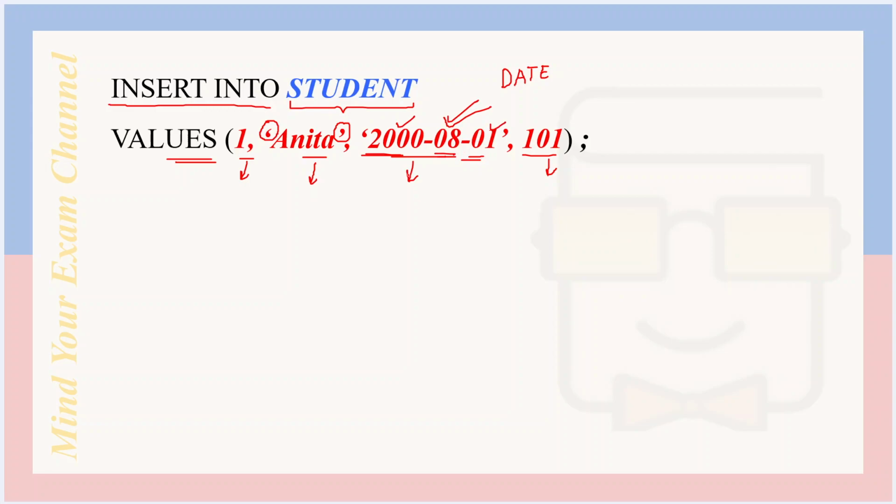You need to specify 4 values because here you have not written any particular list of attributes. If you are not specifying anything in the round brackets after the name of the table, then SQL assumes that you will be giving all the values of the attributes that are present in that table.